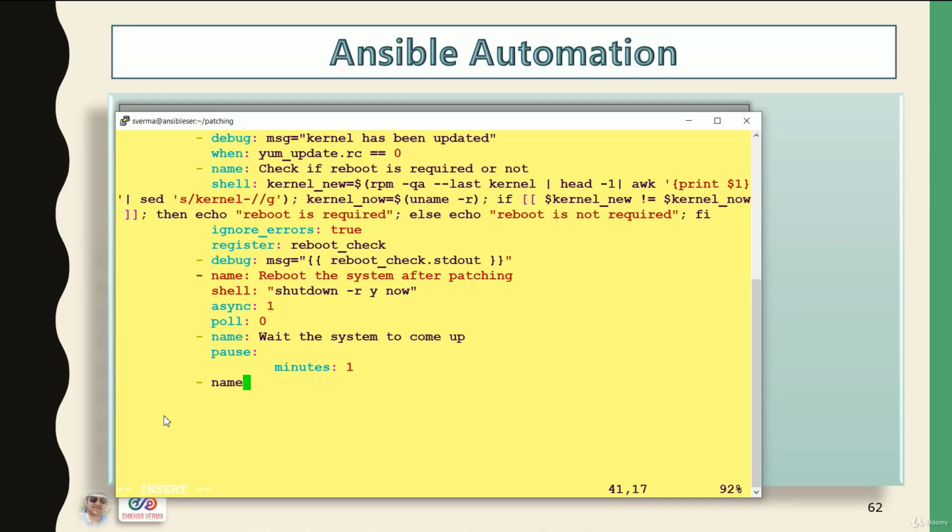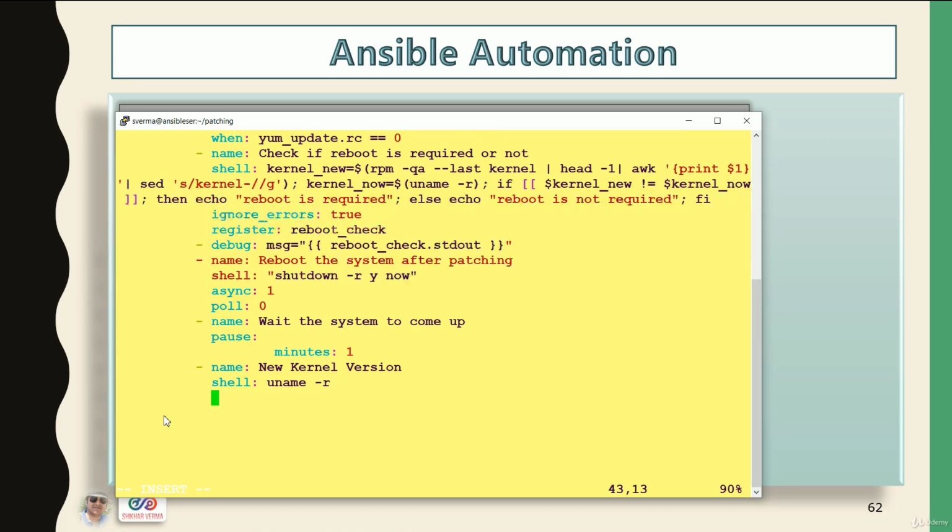And the next task, that is the last task, is to debug a message, that is the new kernel version. I know that my system after the reboot has come up, and I'm going to use the shell module, and the command is uname -r. You can use the command module also, and I'm going to use register, and you can give any name here.